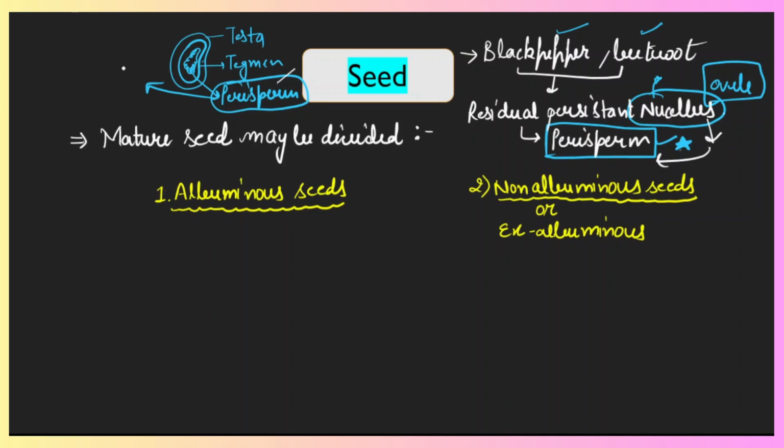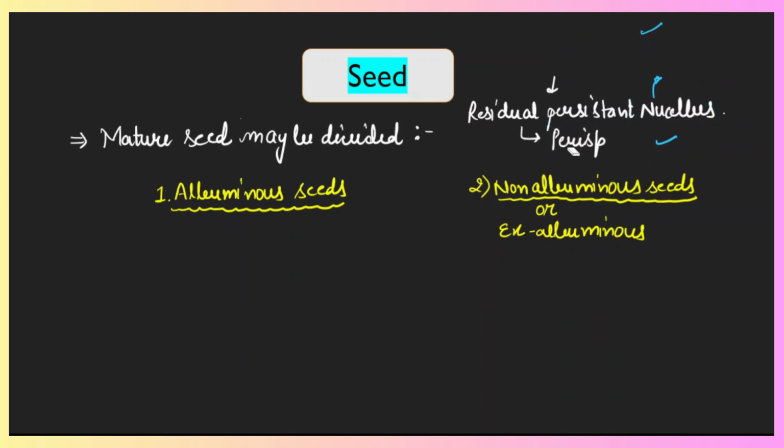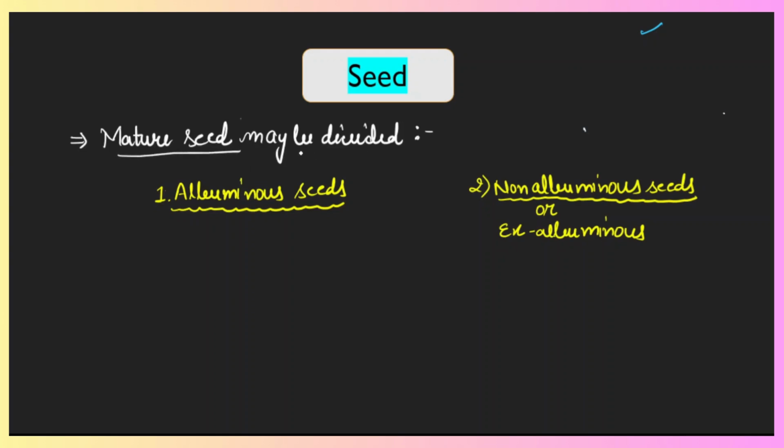Now, if we see the mature seed, it may be divided into two categories. Look at this picture. The mature seed is divided into two categories: the albuminous seed and the non-albuminous seed.